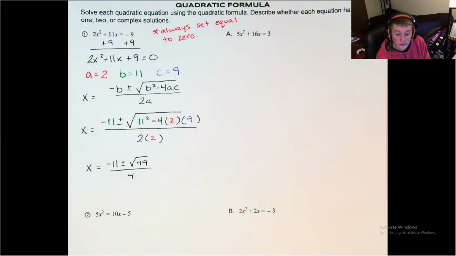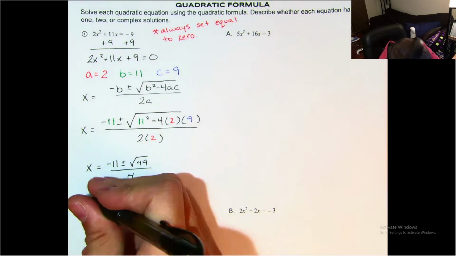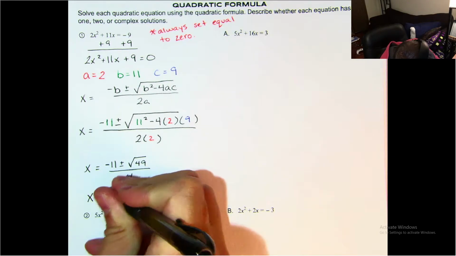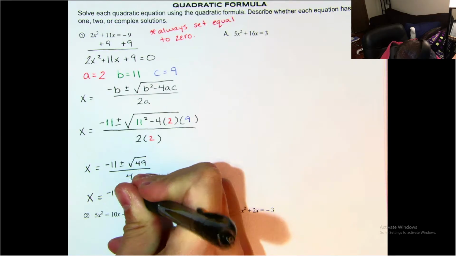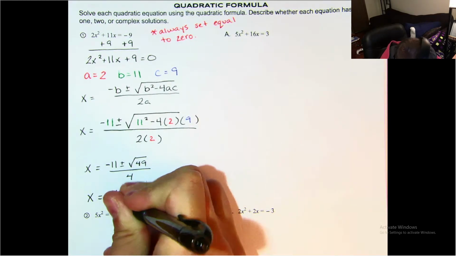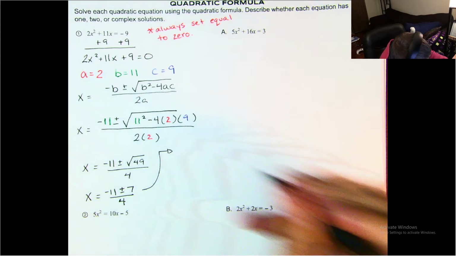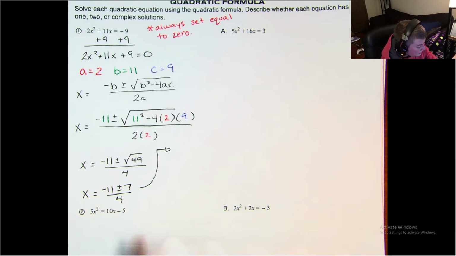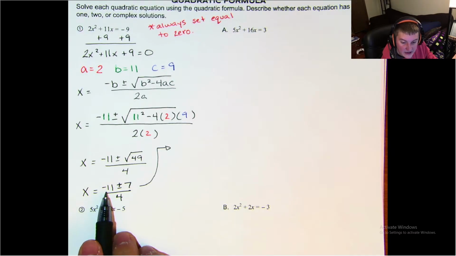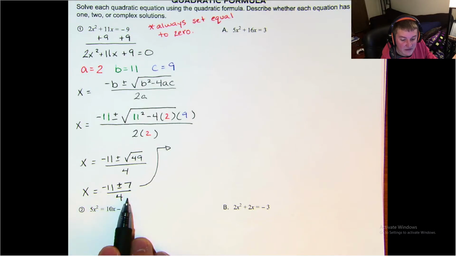Okay, 49 is a perfect square, so we actually know what that's equal to. That's going to be negative 11 plus or minus 7 divided by 4. Then I'm going to finish my work up here. We're going to end up getting two answers: negative 11 plus 7 divided by 4, and negative 11 minus 7 divided by 4.